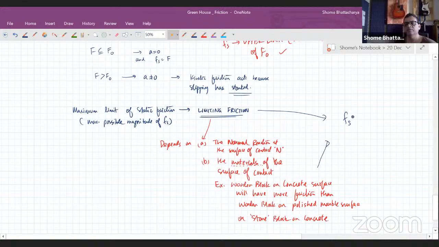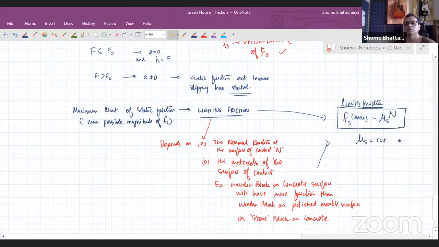The maximum static friction available, which is called the limiting friction, is given by the formula μs into normal reaction, where μs is called the coefficient of static friction. So this is the factor that depends on the materials of the surfaces.